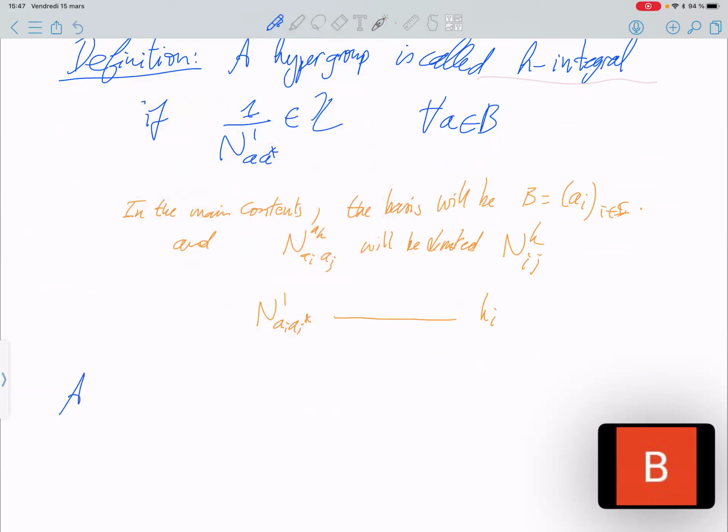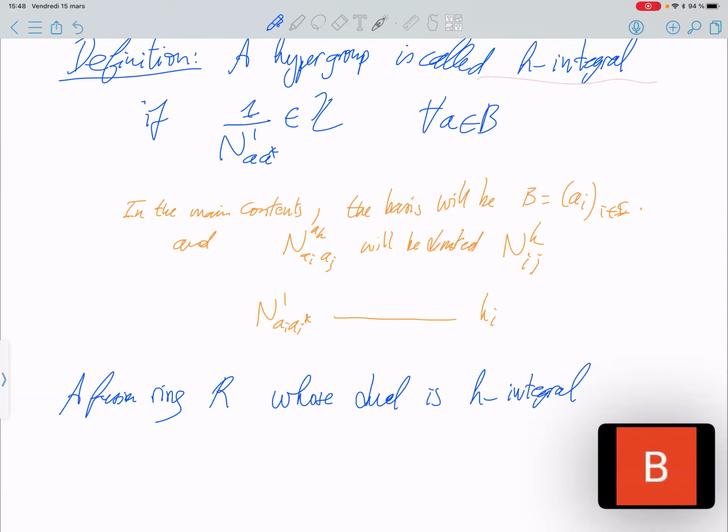So a fusion ring whose... So when I say H integral, in fact, it was not correct. It's the dual which is H integral. A fusion ring R whose dual hypergroup is H integral.